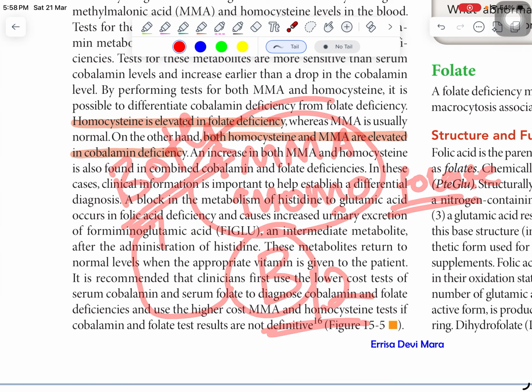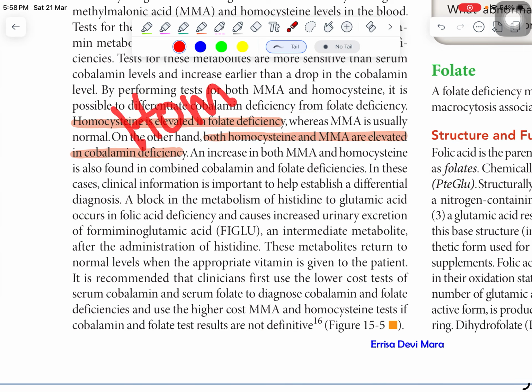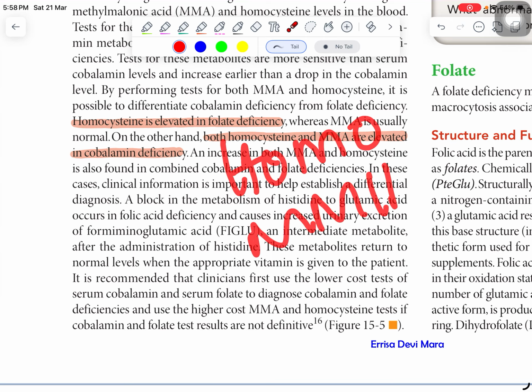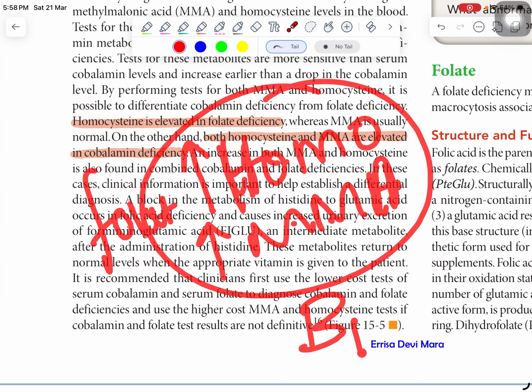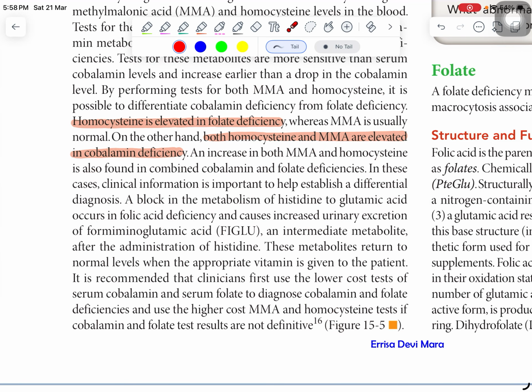Always write it like this: homo first, then MMA next, because alphabetically H comes first. So when the first one is elevated, first means F, folate. Both means both homo and MMA, and both means B, B12. Easy, right?